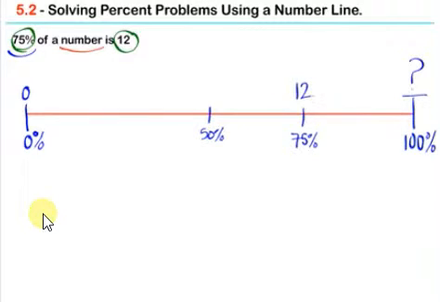In order to get to know the number, we should first get to know what is 1%. And to get 1%, you simply take 75%, you divide by 75, you get 1%.